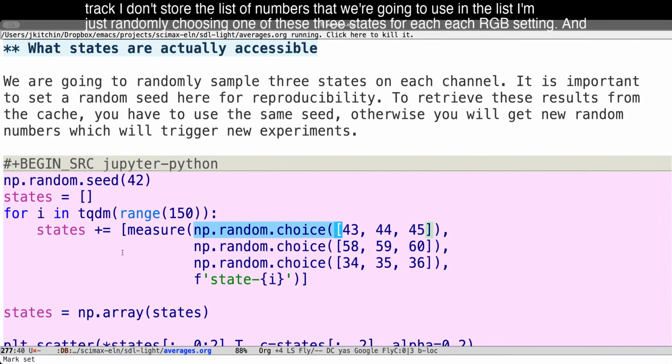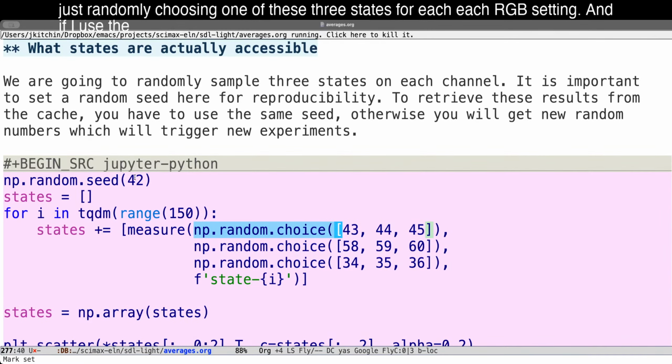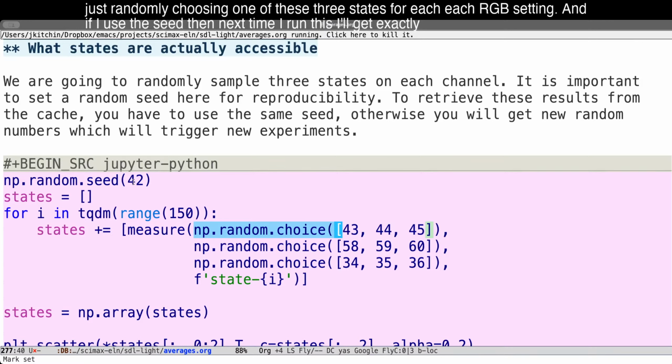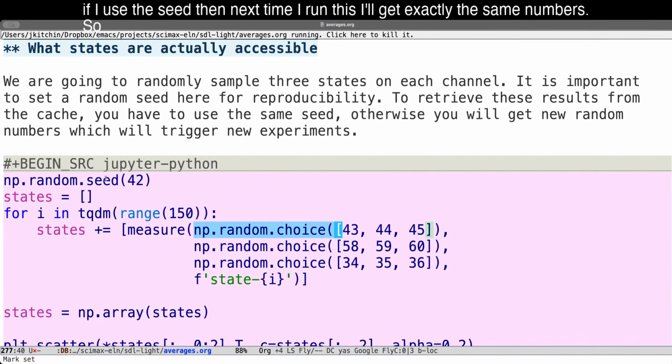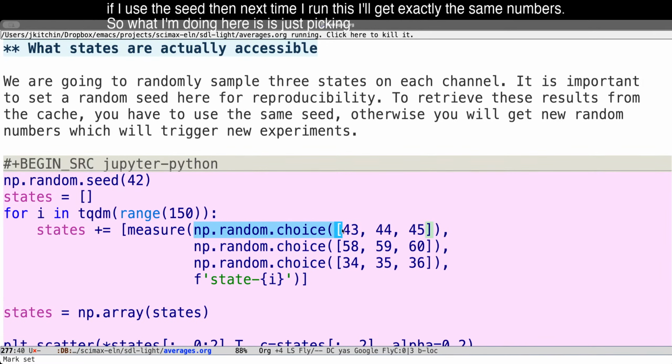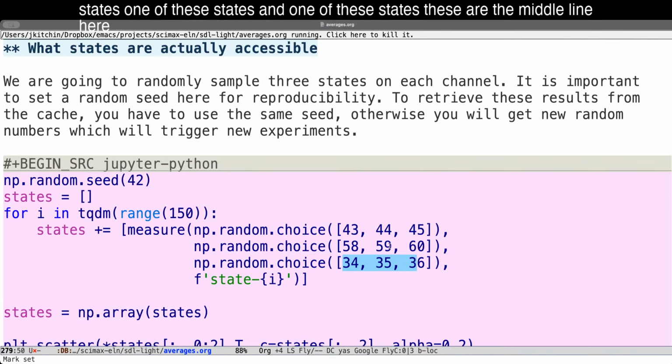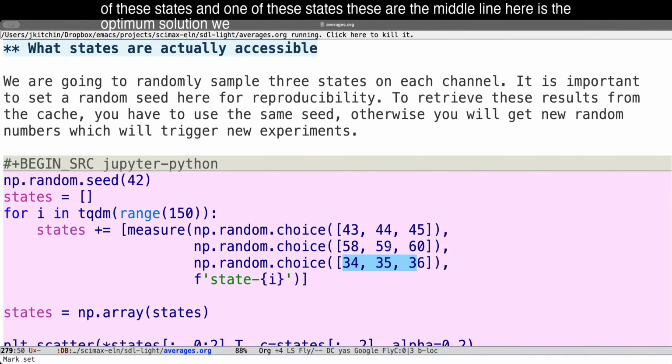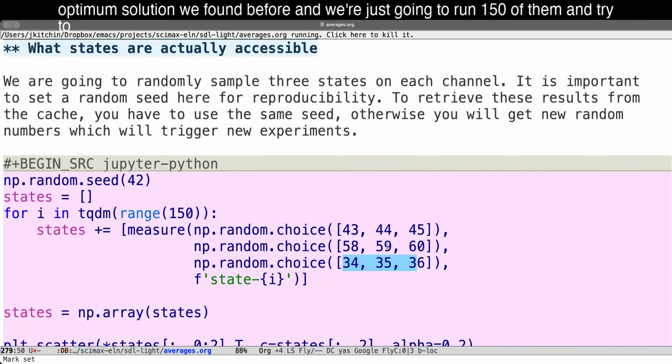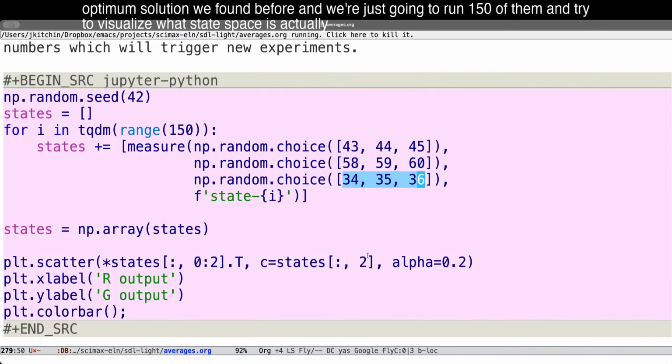And if I use this seed, then next time I run this, I'll get exactly the same numbers. So what I'm doing here is just picking one of these states, one of these states, and one of these states. The middle line here is the optimum solution we found before, and we're just going to run 150 of them and try to visualize what state space is actually visible.